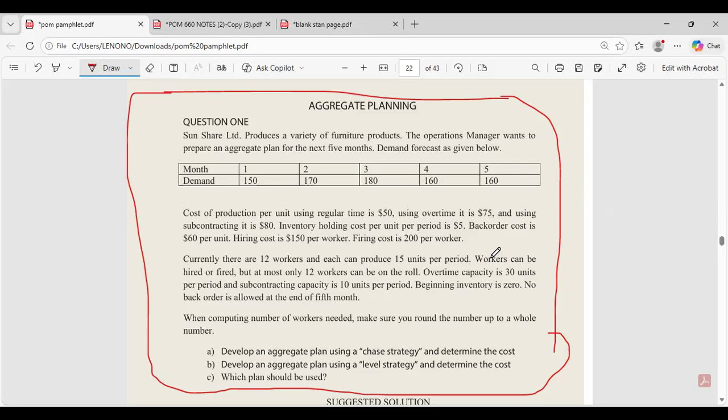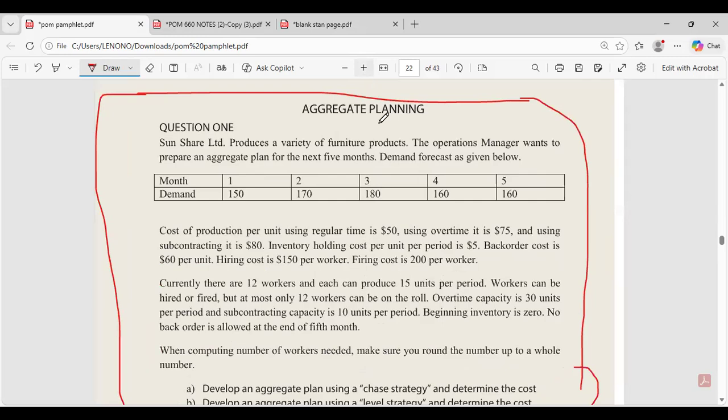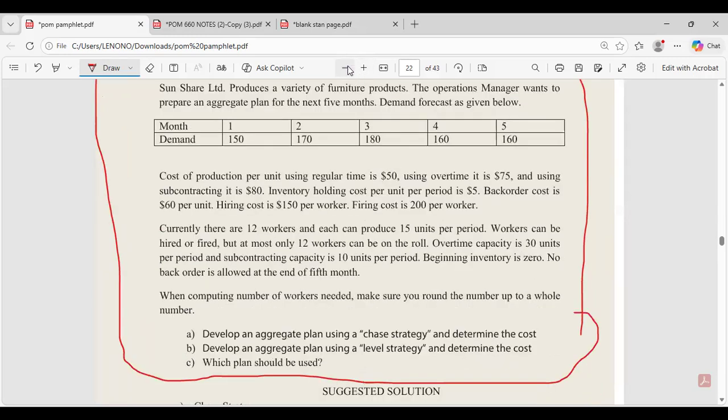Firing cost is $200 per worker. Currently, there are 12 workers and each can produce 15 units per period. Workers can be hired or fired, because maybe this is the chase strategy, but at most only 12 workers can be on the row.